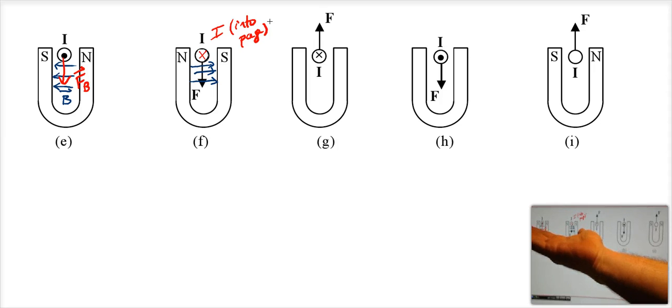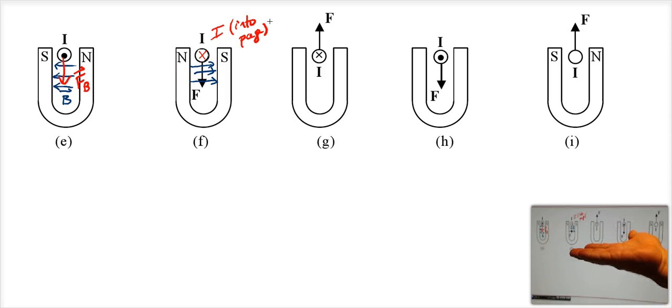Your thumb going into the screen, your palm going upwards so that you have a force upwards, and then you'll notice that your fingers have to be pointing left. So our magnetic field is really to the left here, which means the right pole is north and the left pole of this horseshoe magnet is south. So we have a B field that is to the left.